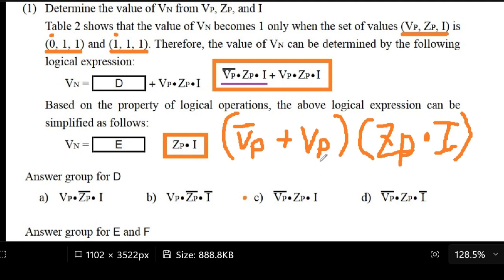It should be equal to true. So what that means is this one would be 1. And therefore, ZP and I would be the only one remaining, and that's why the correct answer for VN in this sub-question would be ZP and I.